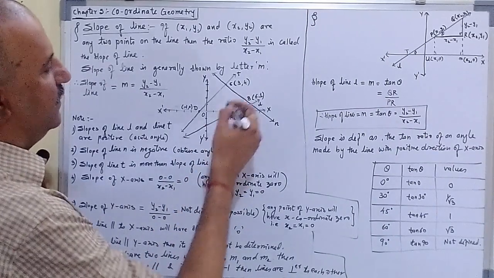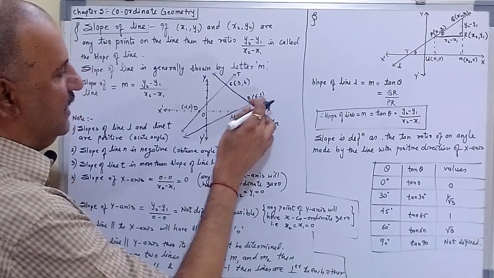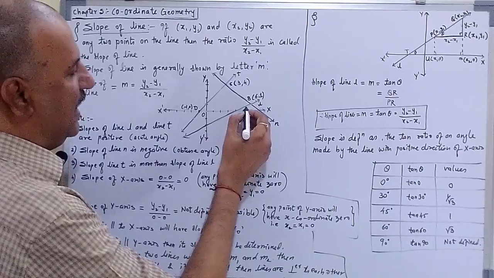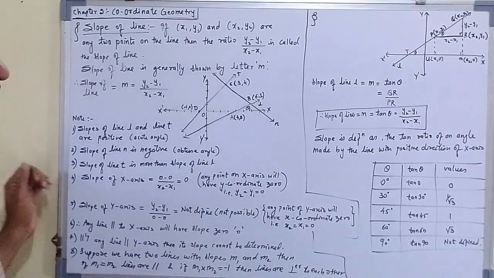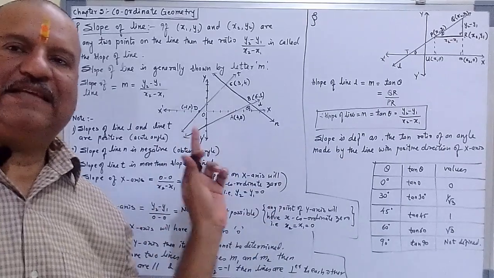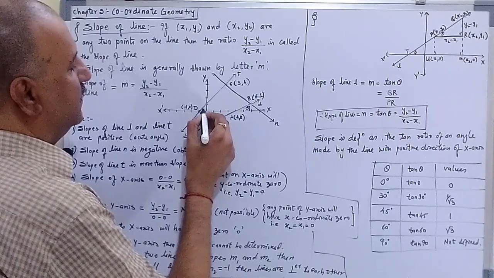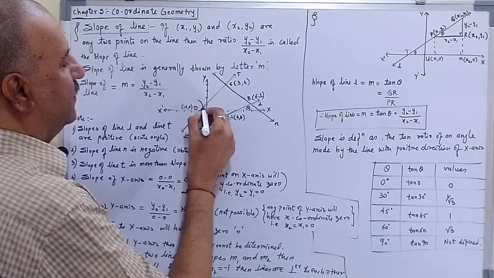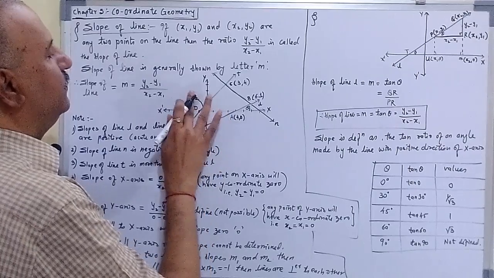Look at this line. This is the angle. Line L makes angle theta, theta 1 we call it, with the x-axis. This here is theta 2.